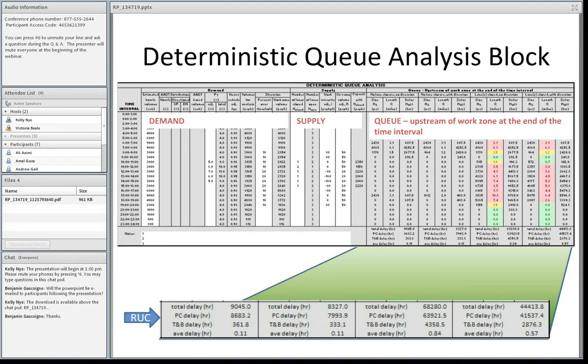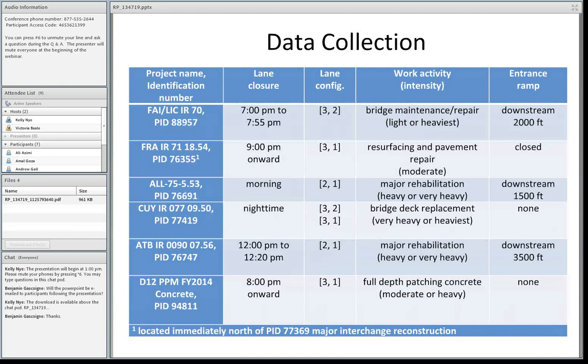So as part of the calibration effort, we went out into the field during the construction seasons of 2013 and 2014 and collected capacity information at 5 different work zones. And at the 3rd work zone there in Cuyahoga, we actually had 2 capacity measures.